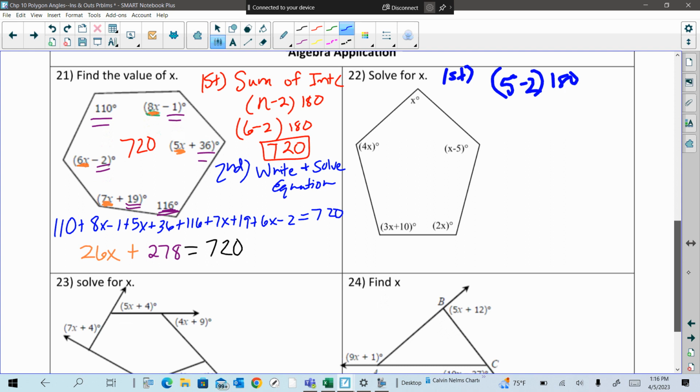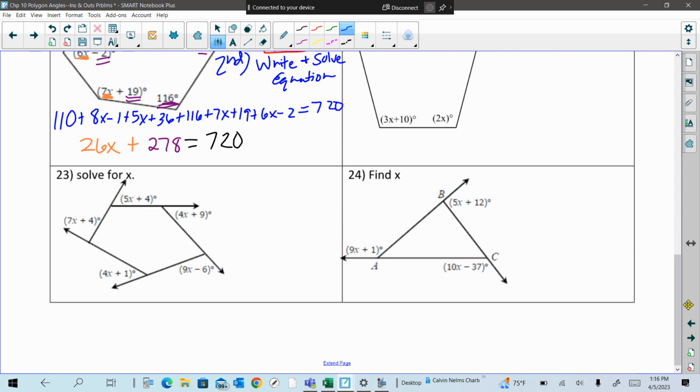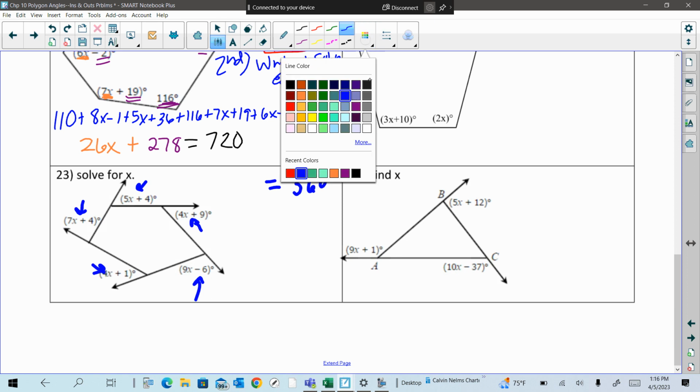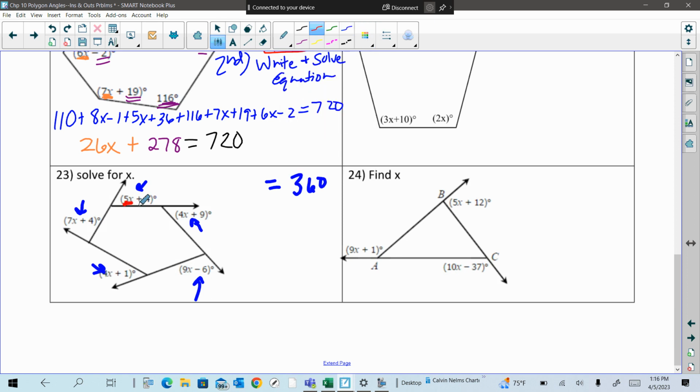Now, on 23, do you see how all of these angles are exterior? Yes, they're outside the polygon. So that means we're using 360. We first set it equal to 360. You can do the same thing and combine your like terms, like the 5x and the 4x, 9x, is 18x, 22x, 7x, that's 29x.